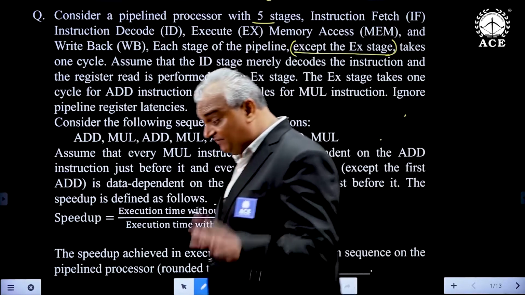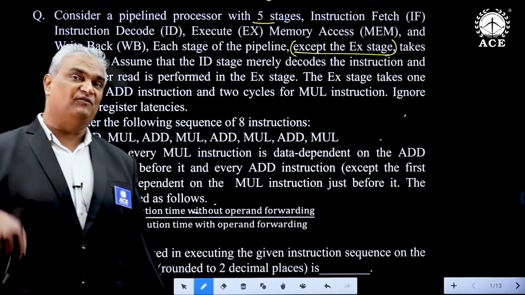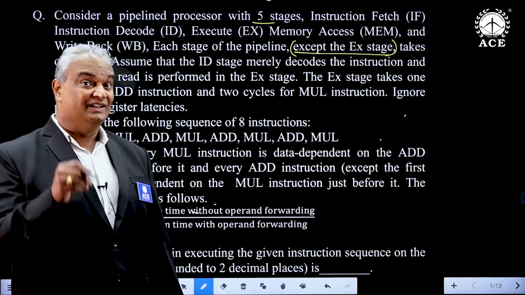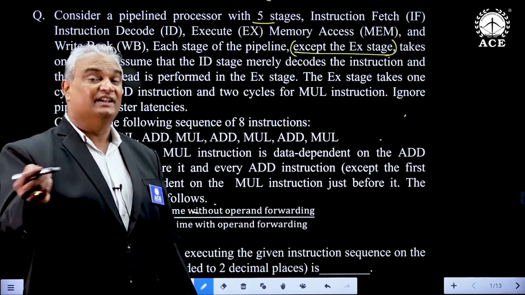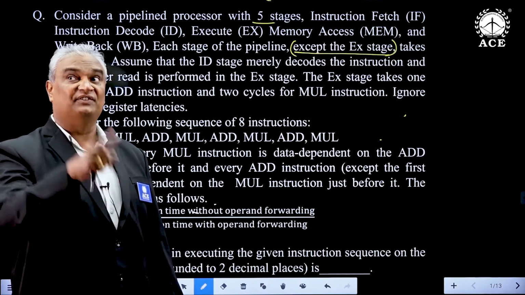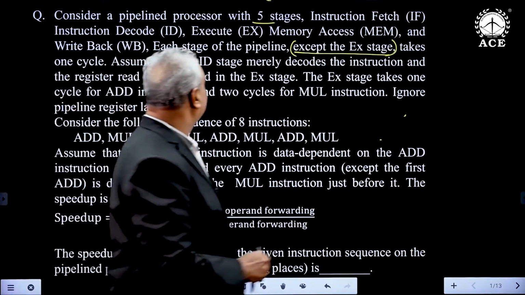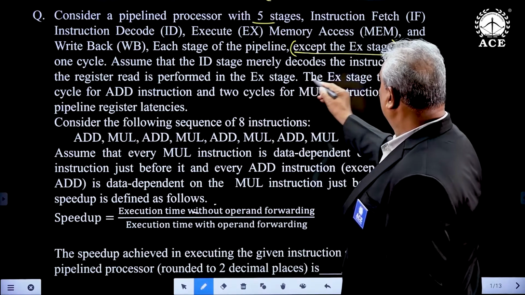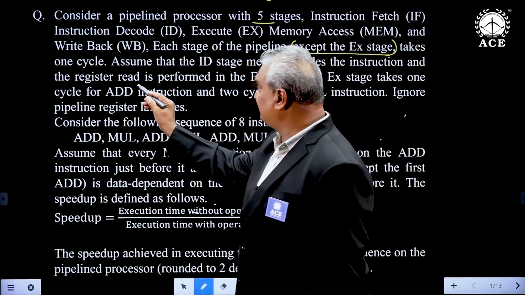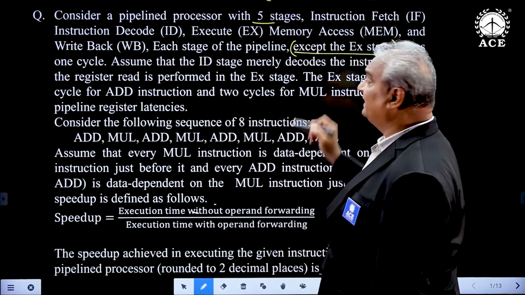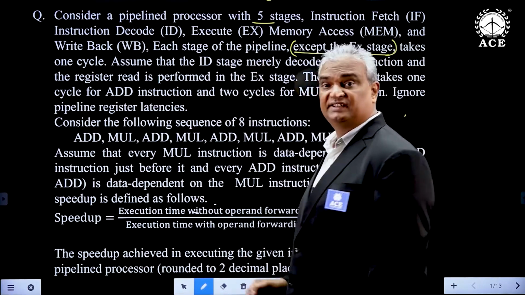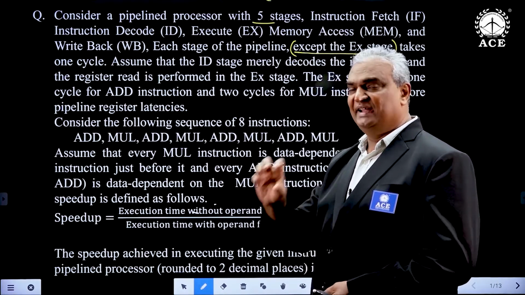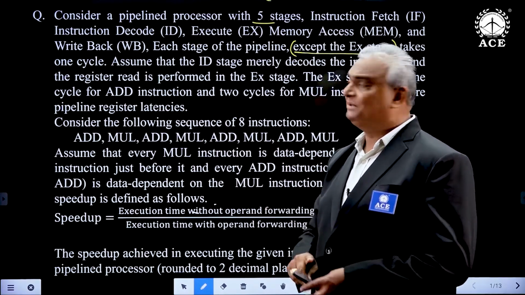Then it identifies the operation to be performed and where the operand resides, so it knows the address of the operand. Next, the register read is performed in the EX stage. In the EX stage, the register read operation is performed, which means reading of the register.